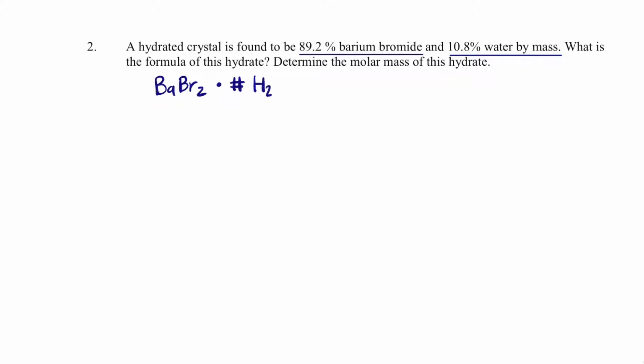I don't know how many that is. What I'm going to do is heat it, most likely in a crucible or an evaporating dish, and I'm going to get some barium bromide solid. That's an ionic compound. There's no way we'll get that to evaporate away or even melt. And some amount of waters. We don't know how many waters, and those will evaporate away.